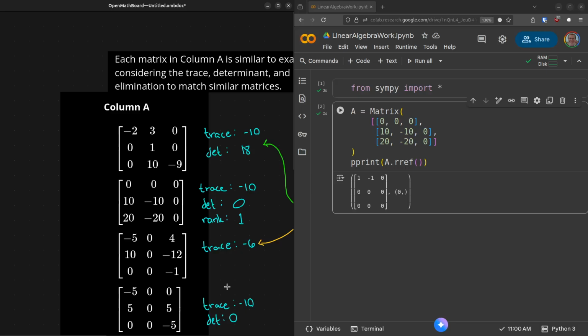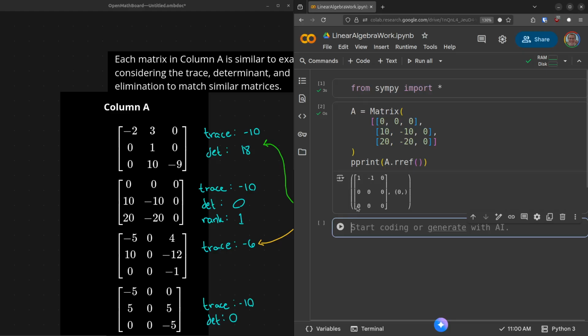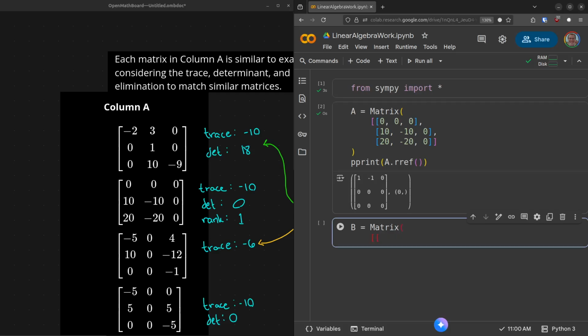Okay. The other matrix that I still have to check that I haven't found a match for yet is this last matrix. So let's find the rank for that last matrix. I called that one matrix A, so let's call this B just to keep things different. Negative 5, 0, 0, 5, 0, 5, 0, 0, negative 5.